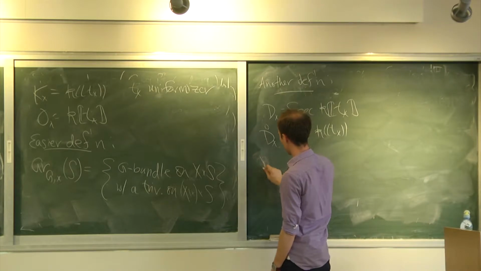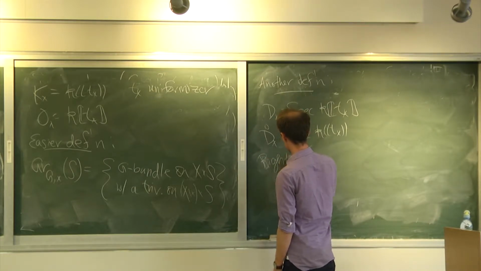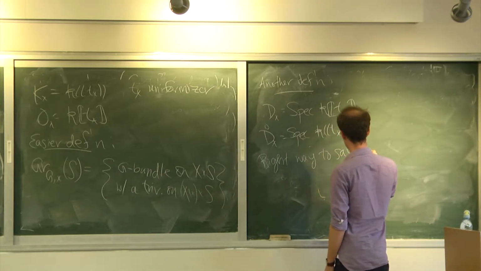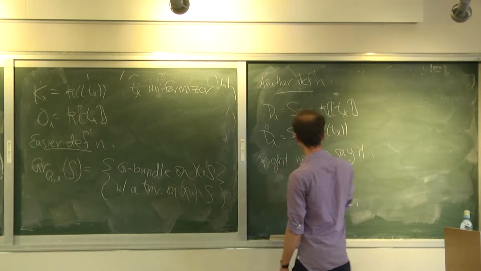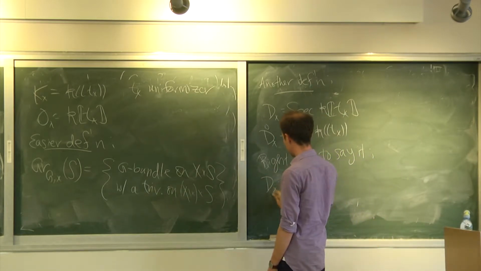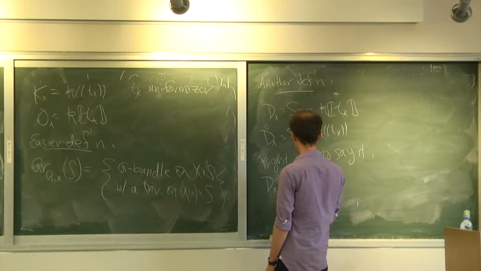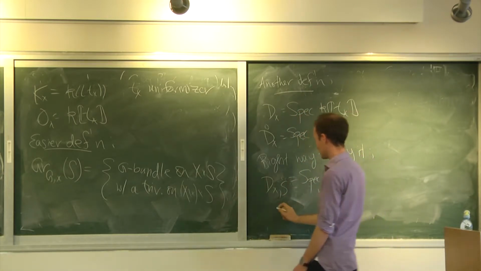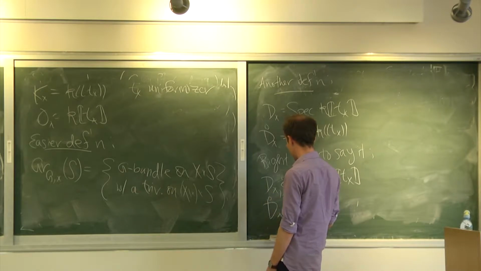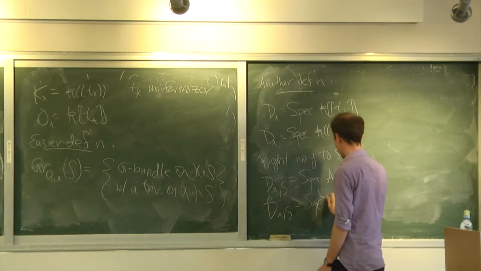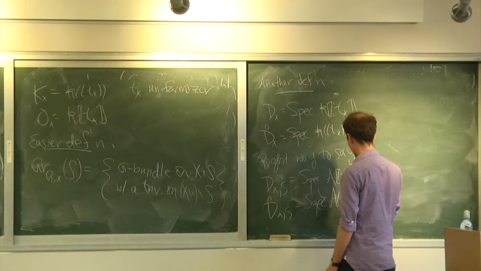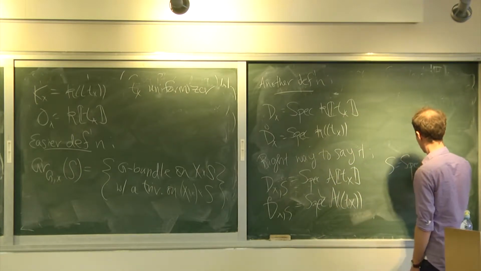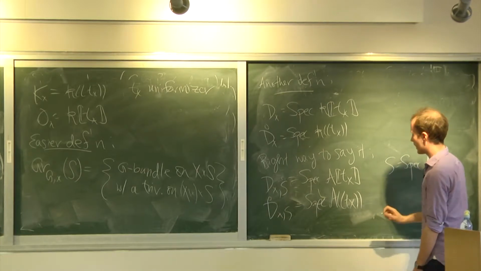So the right way to say it is to replace everywhere: D_x at S is Spec of A double brackets t_x. The punctured disk at S is going to be Spec of Laurent series with coefficients in t_x, where S is equal to Spec A.